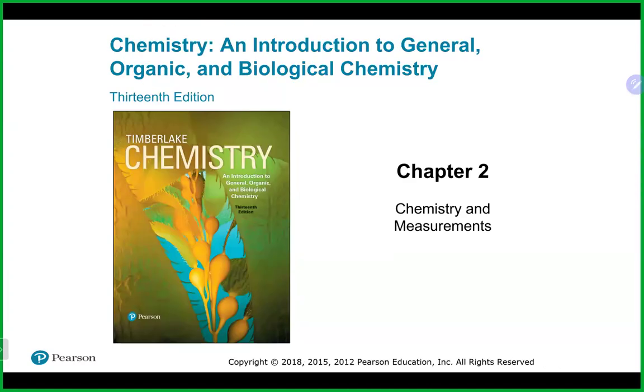So in this chapter, we're going to talk about measurements and really get into some of those questions you were asking a little bit earlier in chapter 1. We're going to talk about significant figures. We're going to talk about calculations with significant figures. Before we do that, we will talk about how to properly take a measurement and really where significant figures come from.